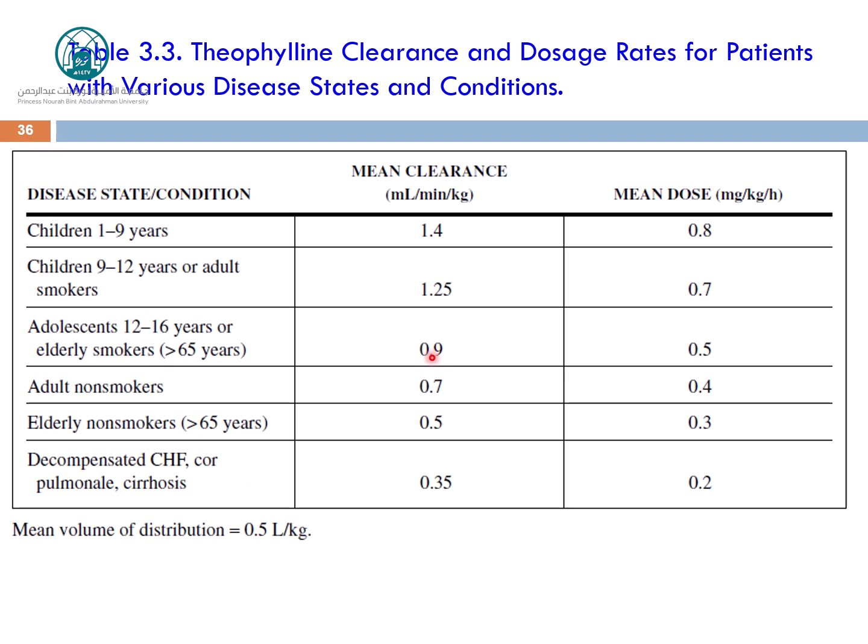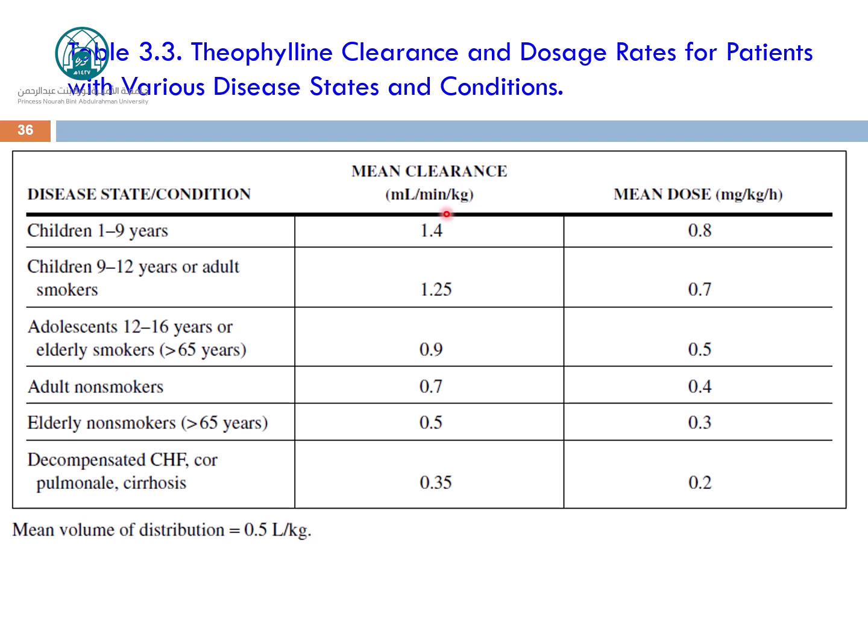So the mean clearance is in milliliters per minute per kilogram. Look at this, per kilogram. Again, if the patient weighs 70 kilograms, you should multiply the value by 70.